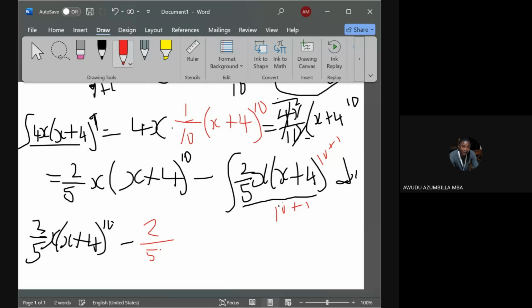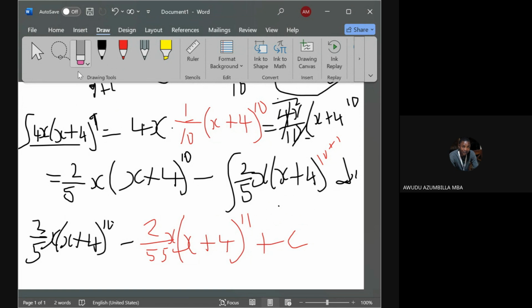And then you bring the bracket, remember x is there, that is x plus 4 all over 11. And when you integrate any variable, we add a constant, plus our c.